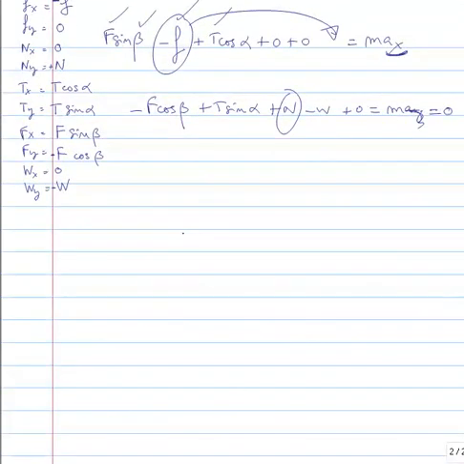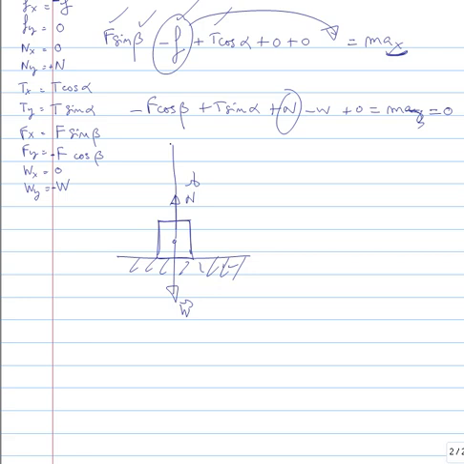Okay, so let's take another example. Let's take the same case but simplified. What are the forces acting on this system, the system being my block? Weight, normal force. Therefore, I can pick a coordinate system, y, x. Let's do the sum of the forces is equal to ma.